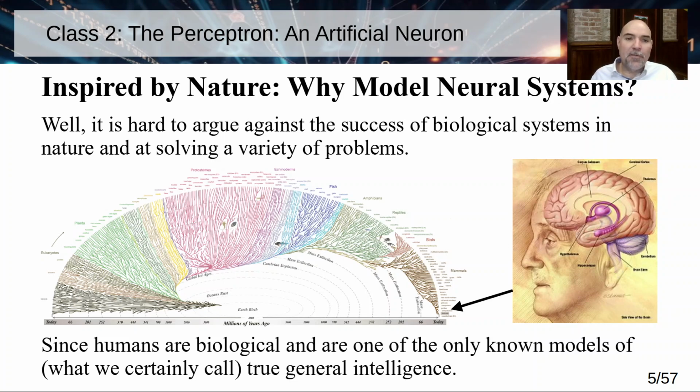It's hard to argue the success of these biological systems, especially ones that have neural network systems that allow them to react to their environment. Even there, you've got fish going up to amphibians and reptiles and birds and mammals. And there's a large percentage of what's going on there that are these biological systems that have neural cells in them that allow them to react and adapt and learn and do things.